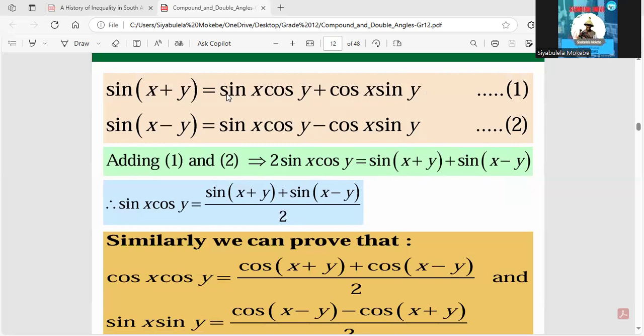So you'll end up with sine x cos y plus sine x cos y, which is 2 sine x cos y, right? And then this side, this plus that will just give you that. Then if we divide both sides by 2, we end up with sine x cos y equals sine(x plus y) plus sine(x minus y) over 2.